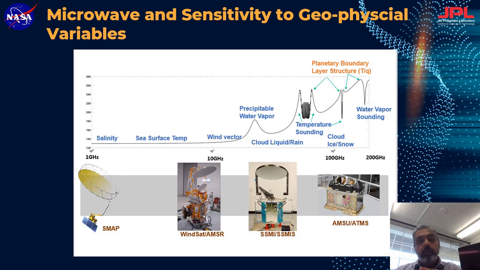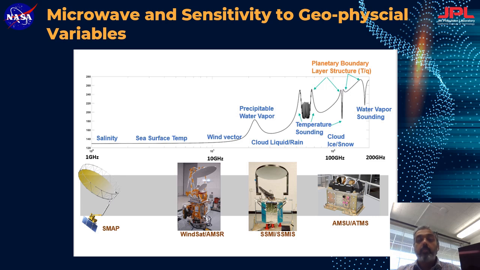Here's another example similar to the last plot. In this case, we're going from 1 gigahertz all the way up to 200 gigahertz. And as I said, we're sensitive to salinity, sea surface temperature, and wind vectors at the start, around 10 gigahertz, and water vapor around 22 gigahertz. But if you start going into the 50 gigahertz region, you can see the oxygen complex right there.